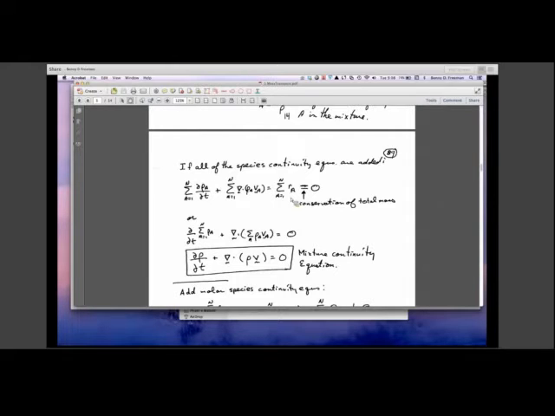And these reaction rates are the net rate of production of A on a mass basis. So the net number of grams of A produced by chemical reaction per unit volume per unit time.